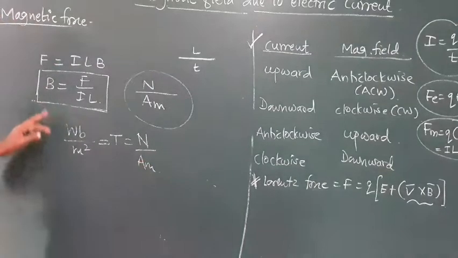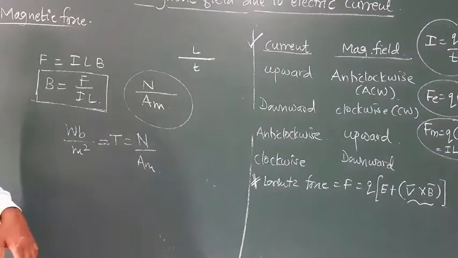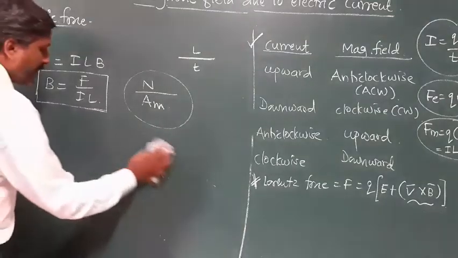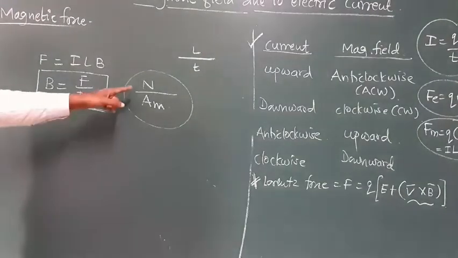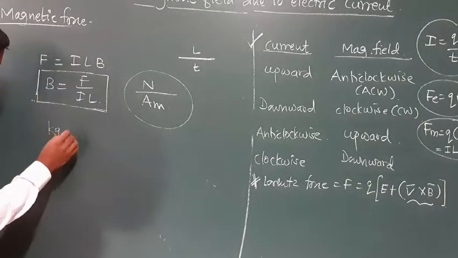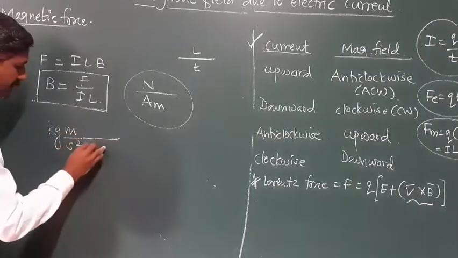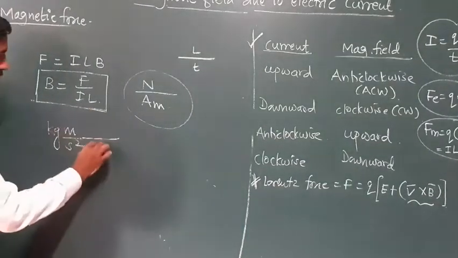Or simply, the dimensions of this magnetic induction we can easily calculate. How do you calculate the dimensions? First of all, I am writing the force. Force means mass into acceleration, so mass into meter per second square, divided by current, whose unit is ampere, and length, meter.